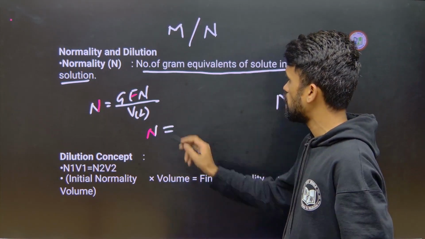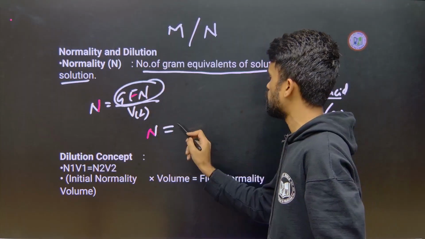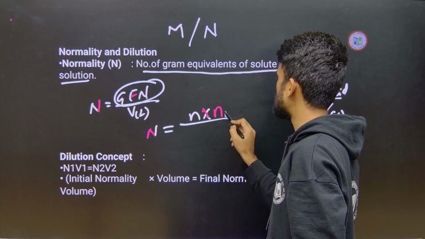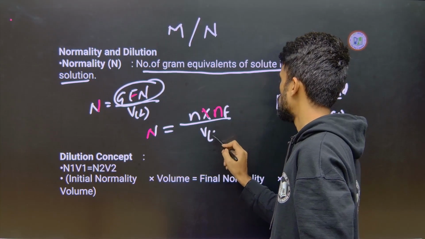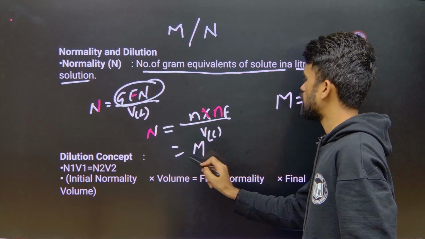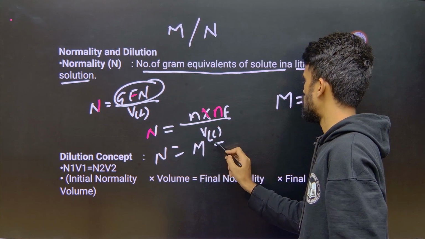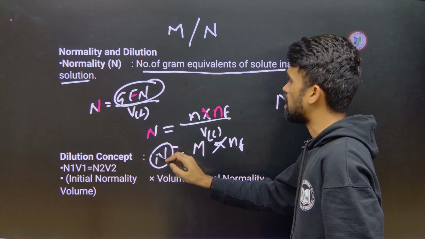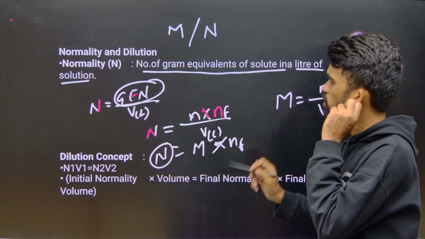Normality equals the number of moles into its valency factor, I can say N factor. So moles per volume is molarity, and molarity into N factor will give the normality. So what is this N factor?